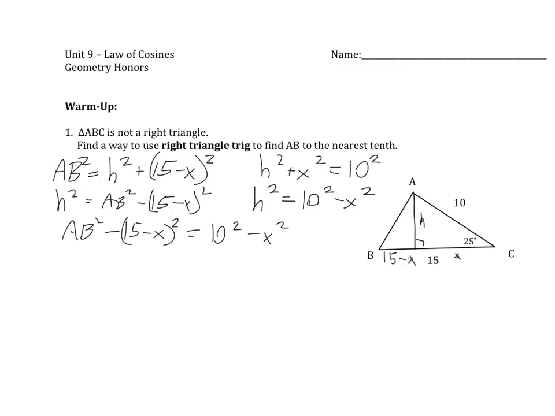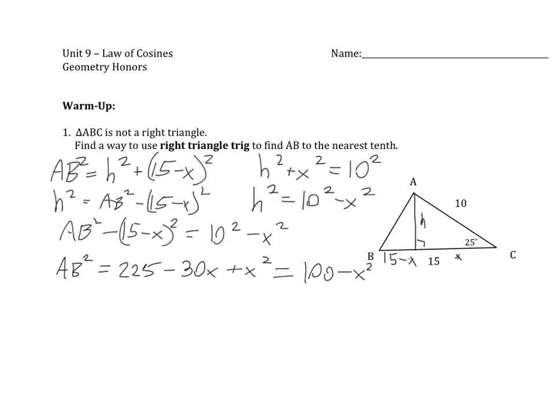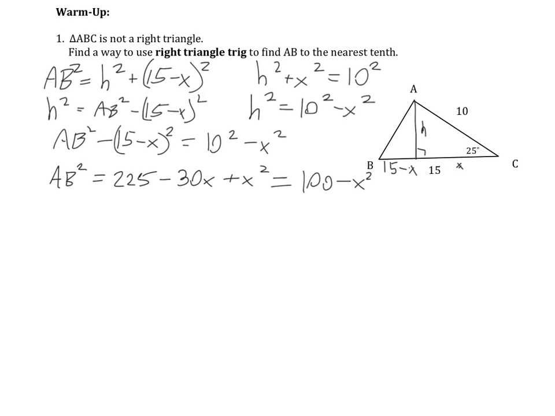So we want to isolate AB, and we probably want to expand. AB squared, and I'm going to move this to the other side, so that's 225 minus 30X plus X squared equals, not plus, 100 minus X squared.